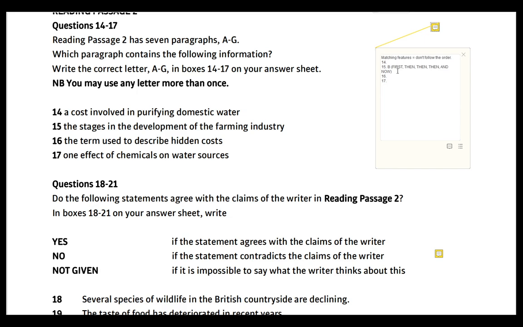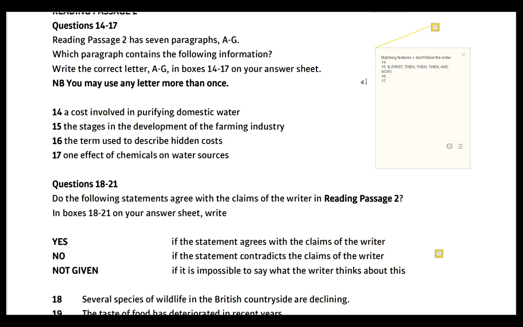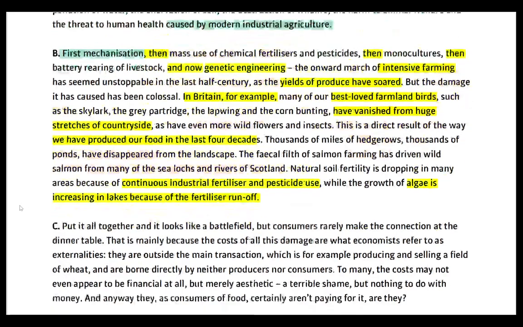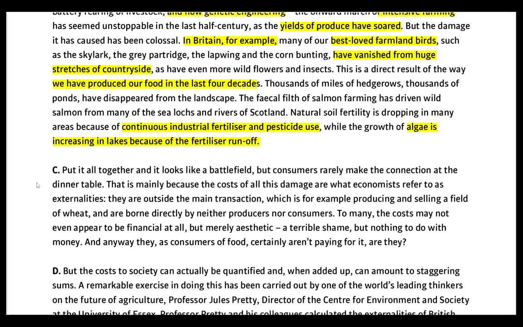It just shows the process of something happening. In our case, it's the stages of development. So we're going to remove the highlight, and now pay attention to C.